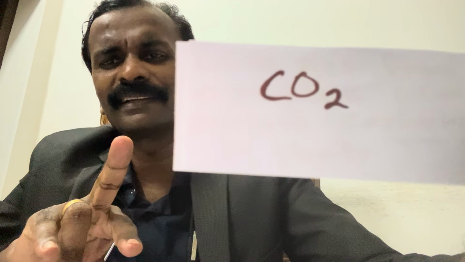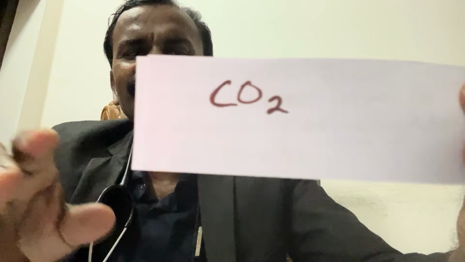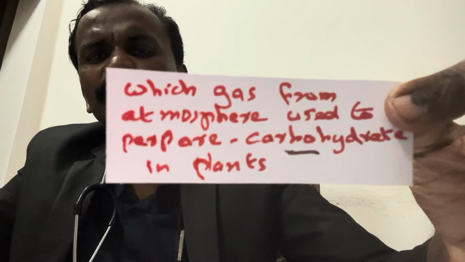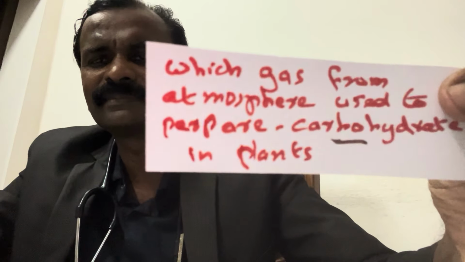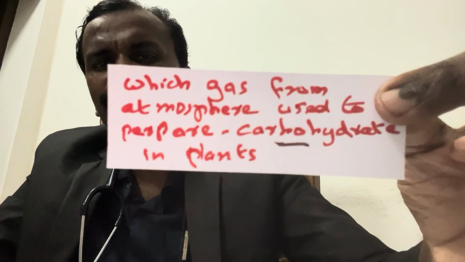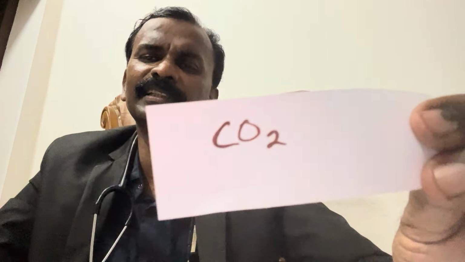This is how you should prepare NEET MCQ. Which gas in the atmosphere is used to prepare carbohydrates in plants? So three points for this carbon dioxide. First one is glucose, second one is starch, third is carbohydrates.